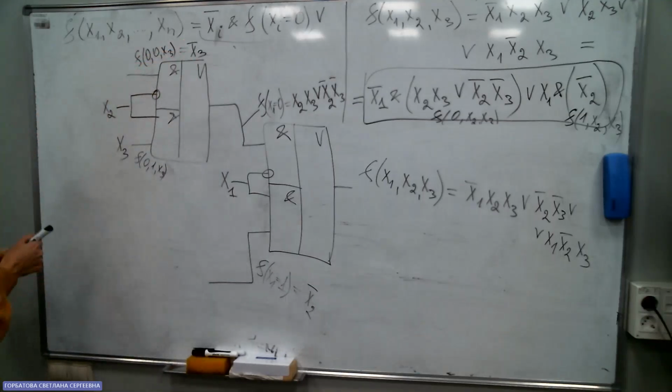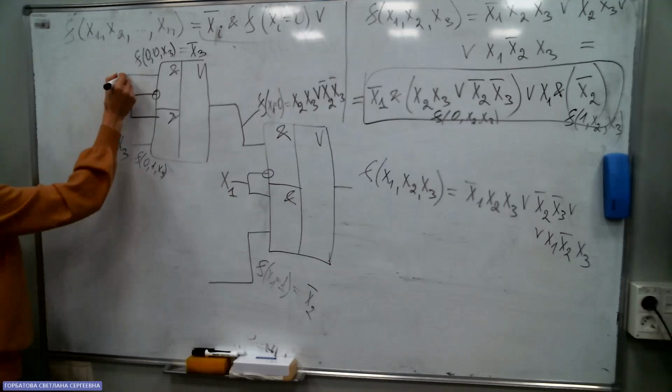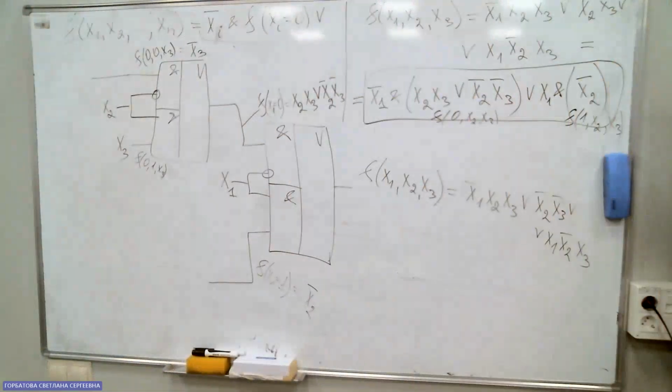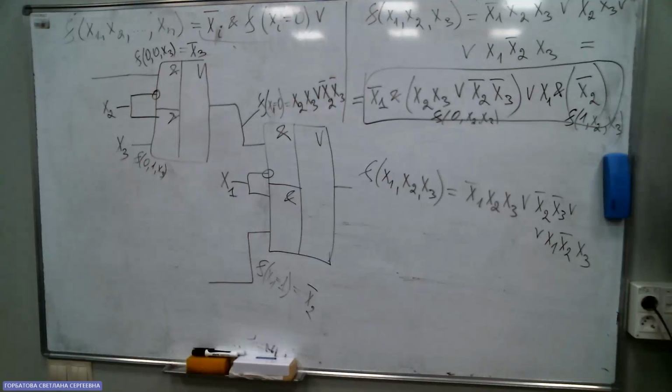So we need to use one more block here. On the slide in the presentation, I used a negation block. But I asked you not to use a negation block because it is a different block.